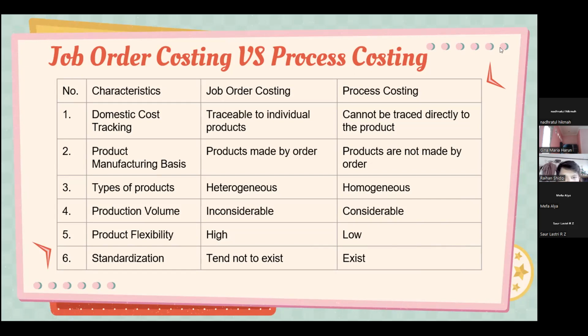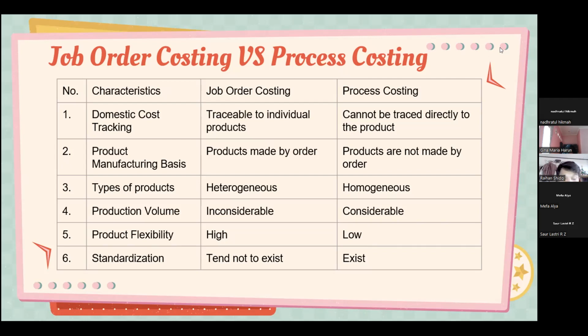For the types of products, job order costing uses heterogeneous products, and process costing uses homogeneous products. For production volume, job order costing is low, and process costing is high. Meanwhile, the product flexibility for job order costing is high, and for process costing it is low.